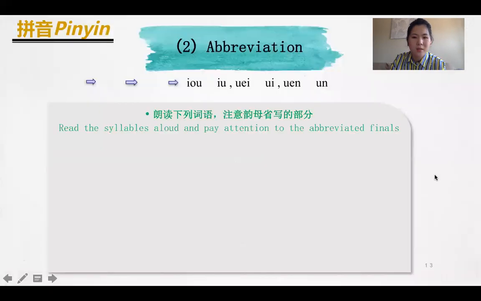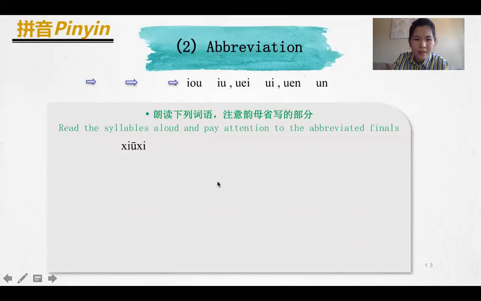Okay, so these are the marked tone rules. And the other one I need to stress one more time is what we call abbreviation. It's when you have three vowels together for a sound, like you take one out, take the middle out when you write it. Like iou becomes iu, uei becomes ui, uen becomes un.